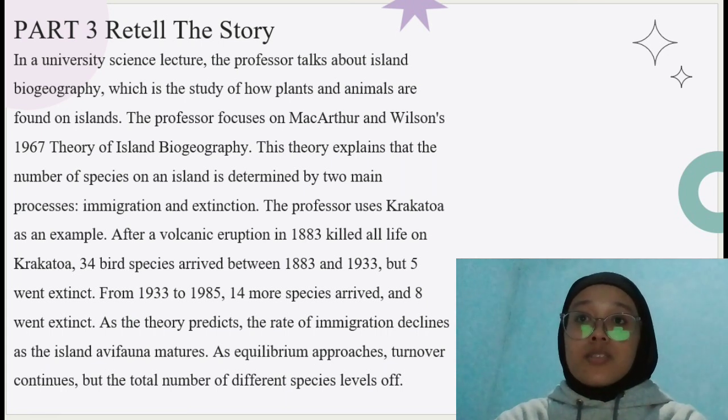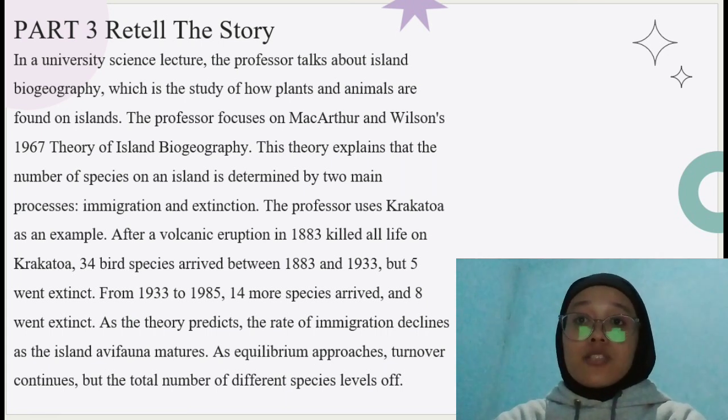The professor used Krakatoa as an example. After a volcanic eruption in 1883 killed all the life on Krakatoa, 34 bird species arrived between 1883 and 1933, but 5 went extinct.